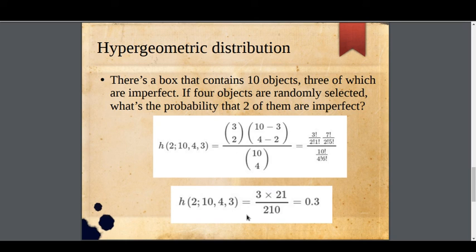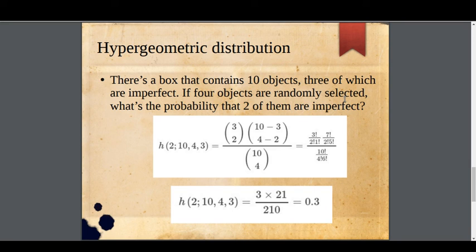We also get that 7 choose 2 is 21, and that 10 choose 4 is 210. And if we multiply and divide all those values, we get that the probability of this specific case is 0.3. Basically, that's the probability to get 2 imperfect objects if we take a sample of 4 objects from a set of 10 elements that contains 3 imperfect elements.